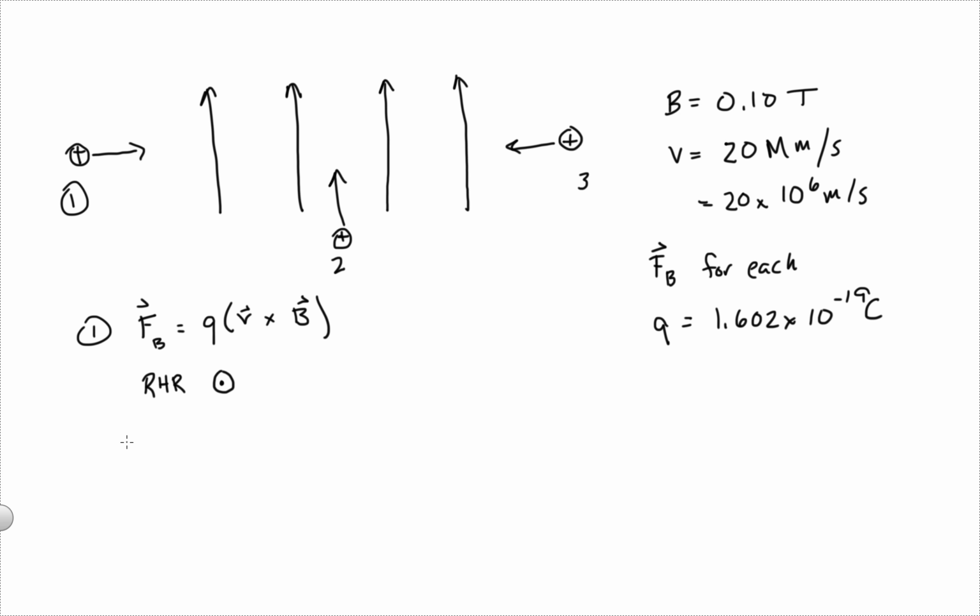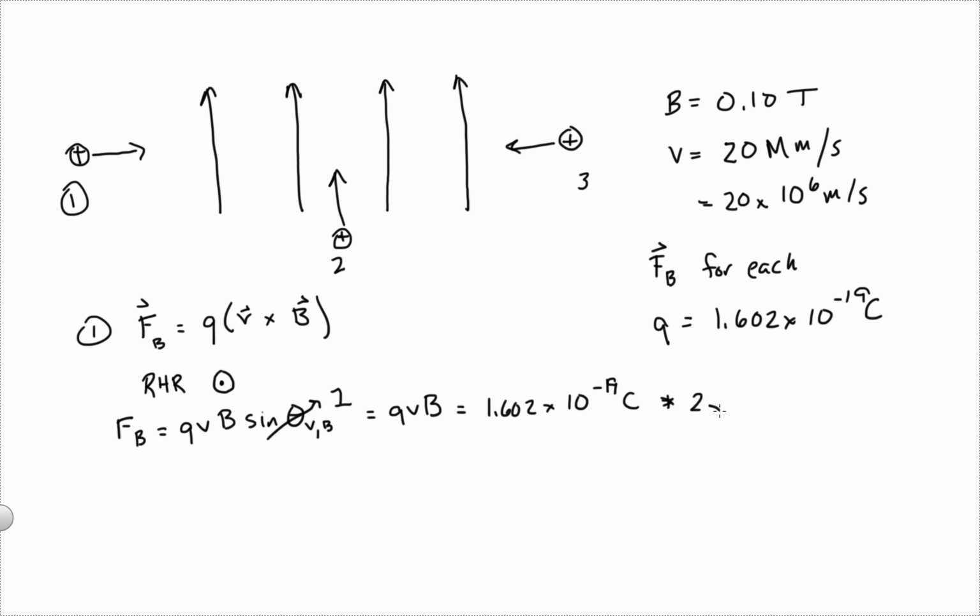Out of the page. And then to find the magnitude, well, that's just going to be QVB times sine of theta, the angle between V and B. In this case, that's going to be a 90-degree angle, and so this goes to 1. And so QVB is going to be 1.602 times 10 to the minus 19 coulombs times our speed, 2 times 10 to the 7 meters per second, times 0.10 Teslas.